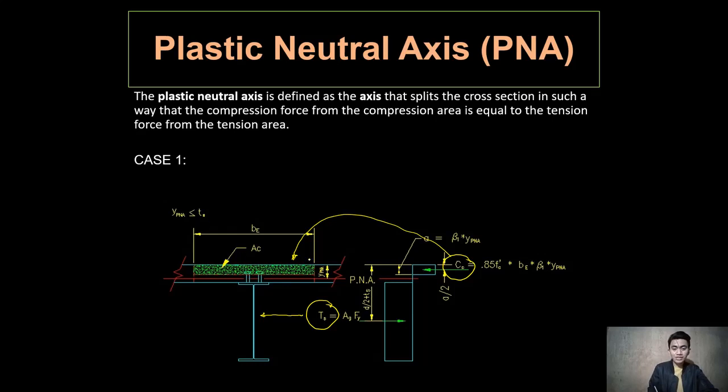Since the compressive force will represent the concrete slab, and the tensile force represents the steel section of your composite beam, if I were to take summation of forces horizontal equal to 0 for case number 1, observe that I have here the compressive force and the tensile force, which are directed opposite to each other.